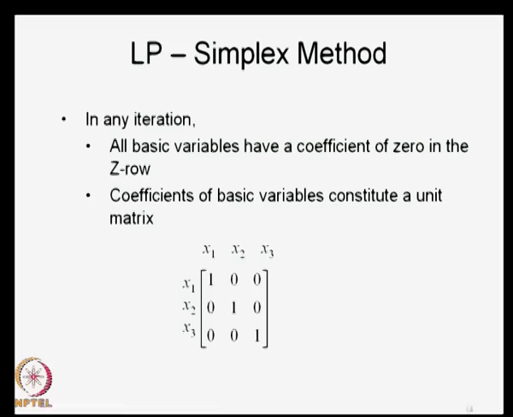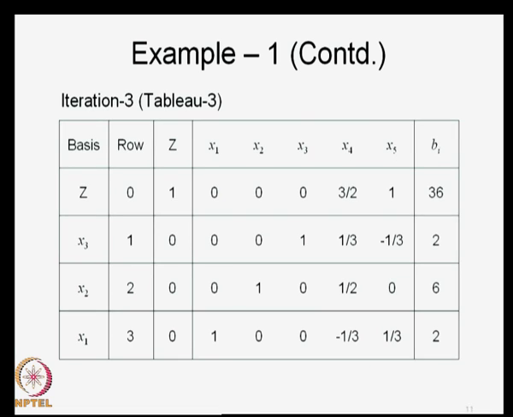Then another feature is, you look at any of the iterations. Let us say x3, x2 and x1. You look at the coefficient of x3 under x3, that will be 1, and the coefficient of x3 corresponding to the other two basic variables will be 0. So, x3 has a coefficient of 0 under x1 and a coefficient of 0 under x2.